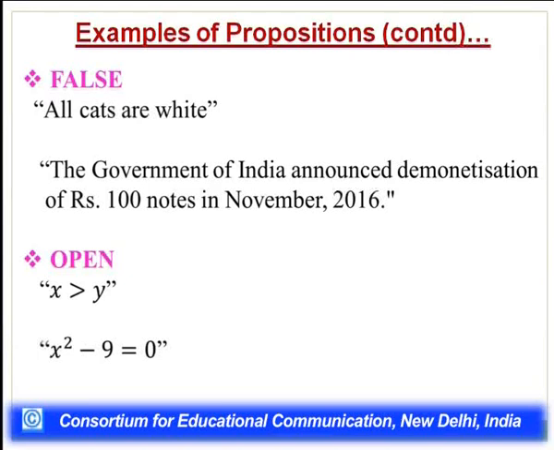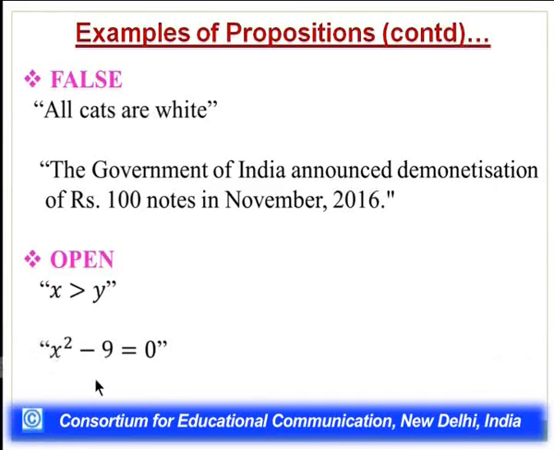But if it's the other way around, let's suppose x is 2 and y is 5, then this would become a false proposition. So in general it's an open proposition, because we will decide whether it's true or false only on the basis of the values that we have for x and y.